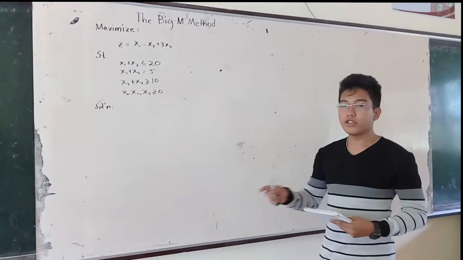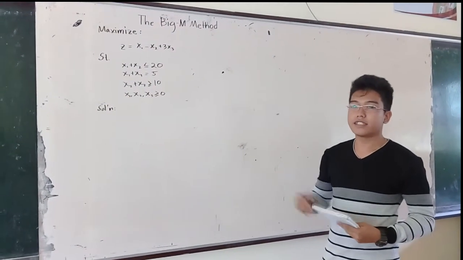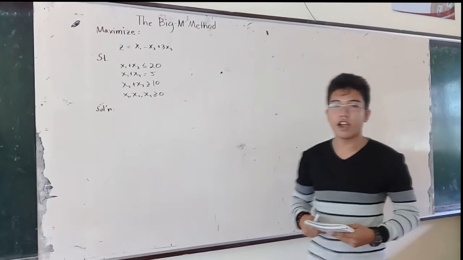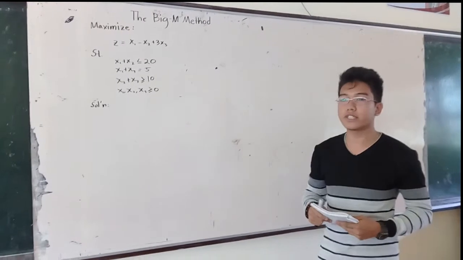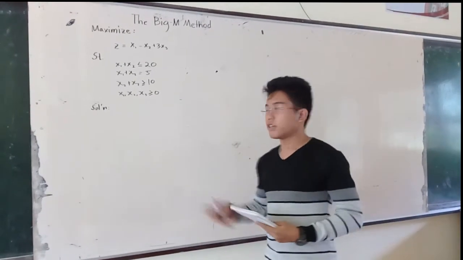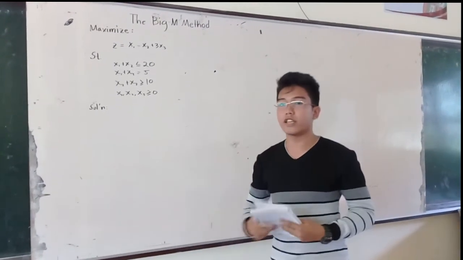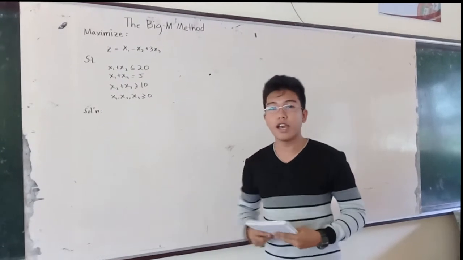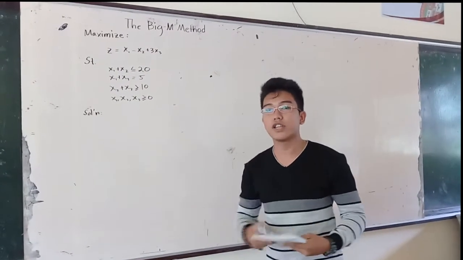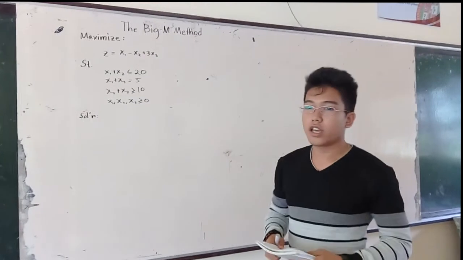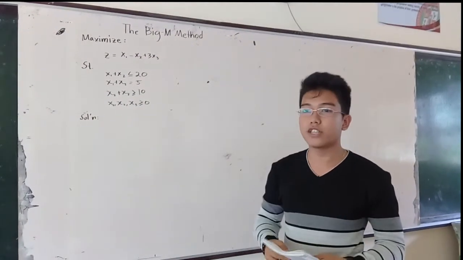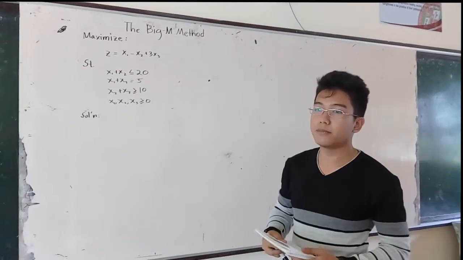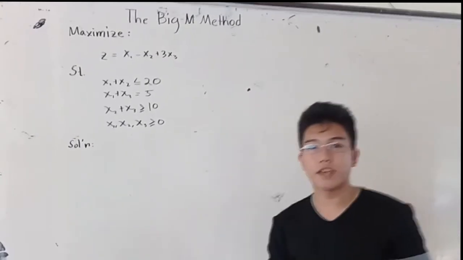In order to use the simplex method, we must add artificial variables, and artificial variables are a violation in performing the simplex method in linear programming. That's why we assign a very large number, denoted by negative M for maximization and positive M for minimization problems. Let's have an example problem.